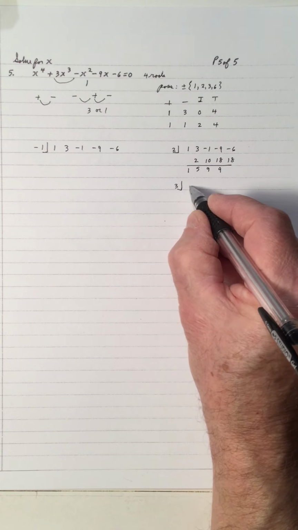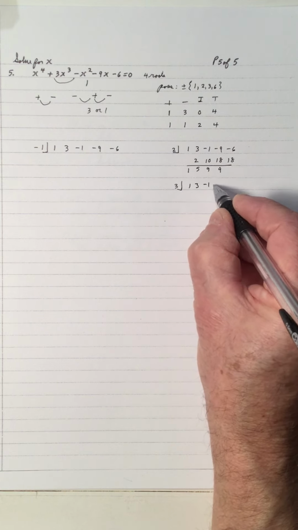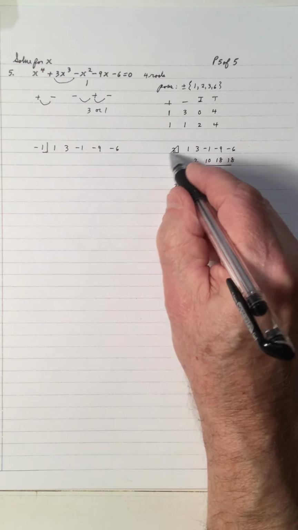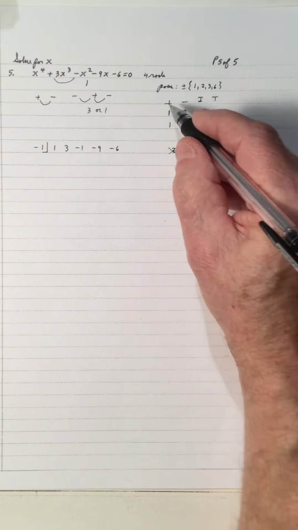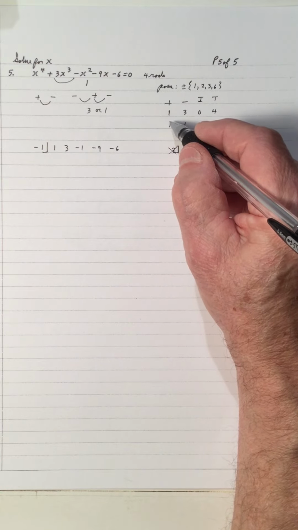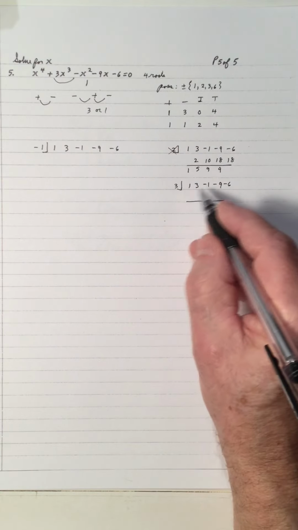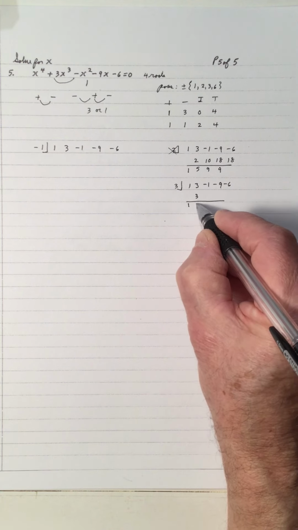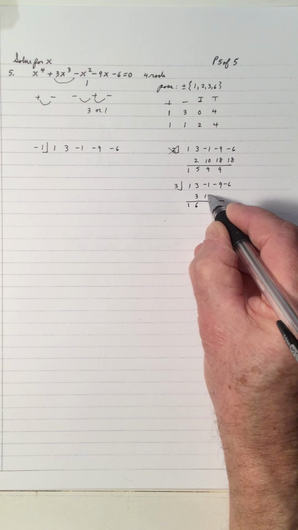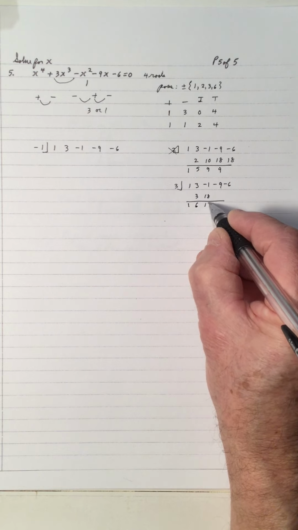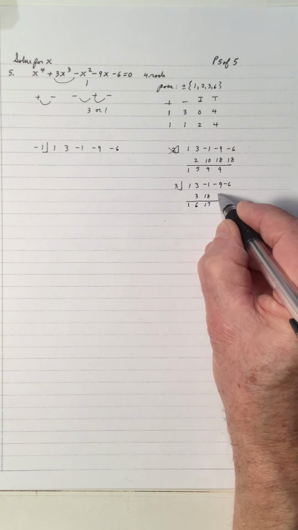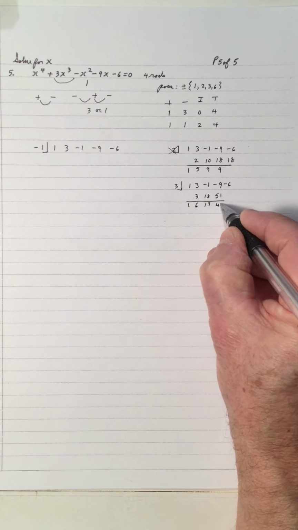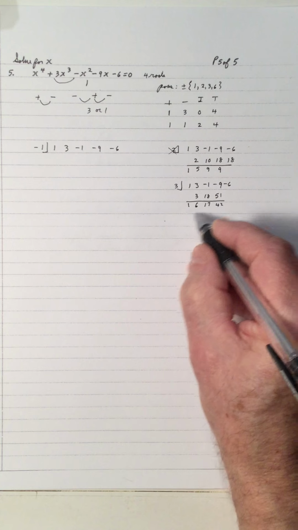So what you're doing now, you're taking a chance, but your 2 didn't work, so now you're going to try 3, because you know there's 1 positive root. So bring down the 1, multiply 3, add 6, multiply 18, add 17, multiply gives you 51, and you notice that's a 42, so that's not going to give a remainder 0.